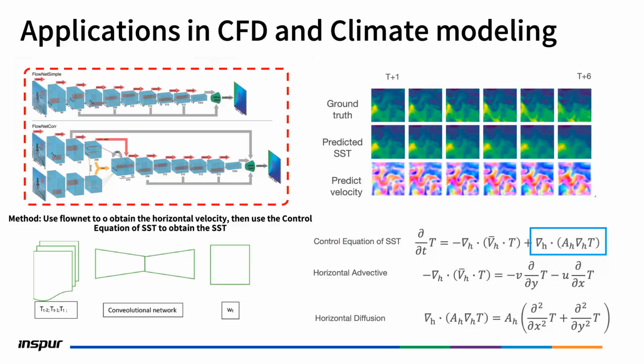So the grayscale invariance theory could be used to predict the corresponding physical field. In our method, FlowNet is used to obtain both the horizontal velocity field and the sea surface temperature. From the above figure, we can see that the predicted sea surface temperature is reasonable and close to the ground truth.